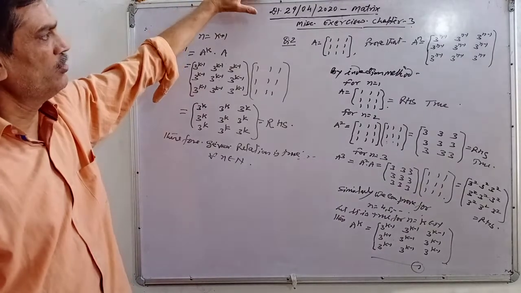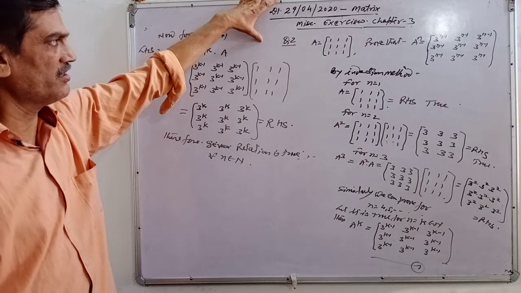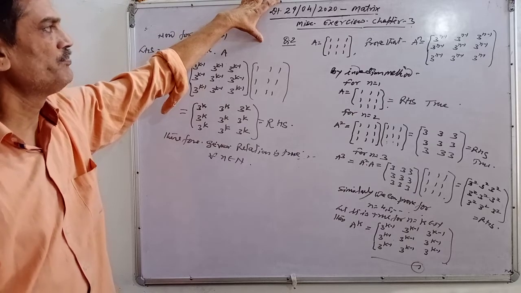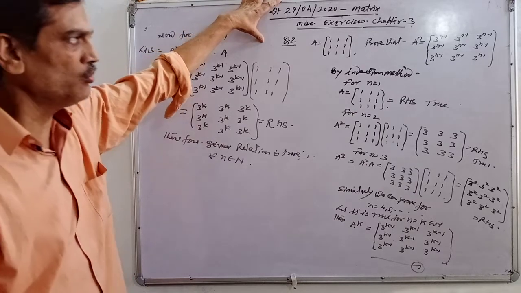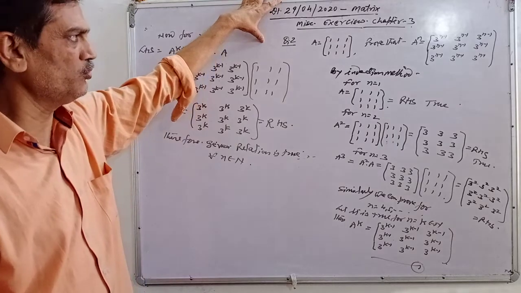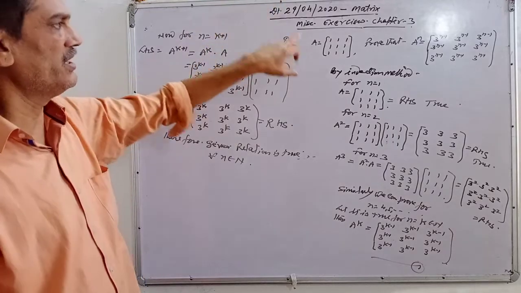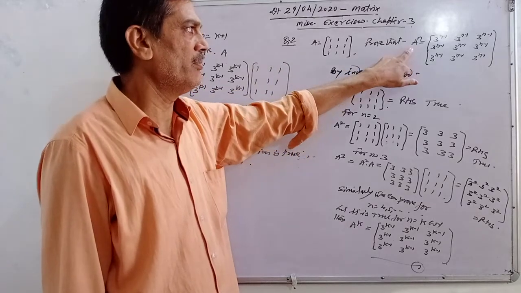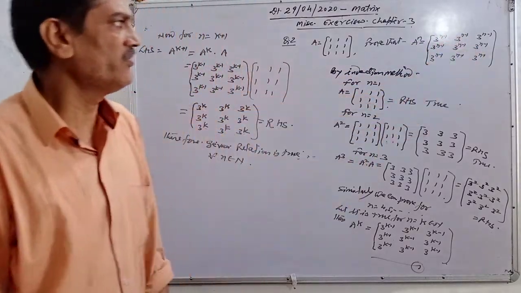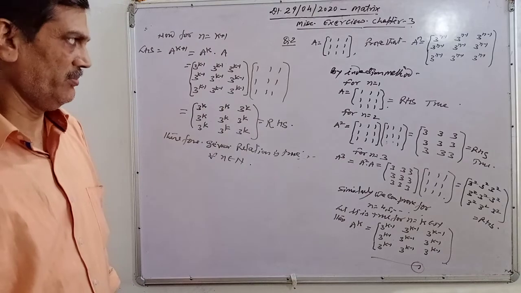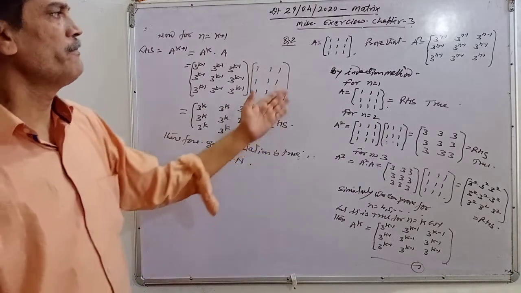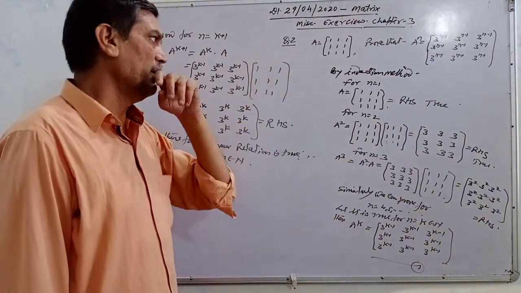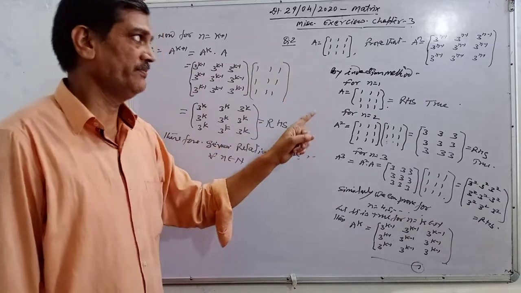Now let us do one question from miscellaneous exercise chapter 3. See question number 2. By induction method you will prove the result. Here matrix A is given. Then show that A raised to the power n is this matrix where n belongs to the natural numbers. So by induction method you will verify for n is equal to 1.